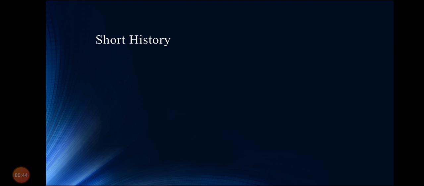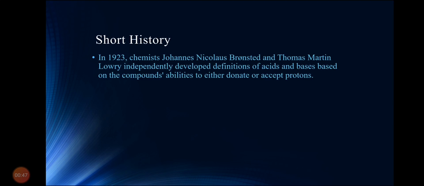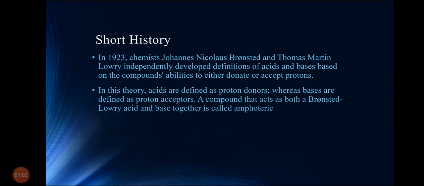Okay, let me tell you a short story of Bronsted and Lowry. Bronsted was actually a chemist, and along with Lowry, he proposed the definition of acid and base in 1923 on the compound's ability to either donate or accept a proton.